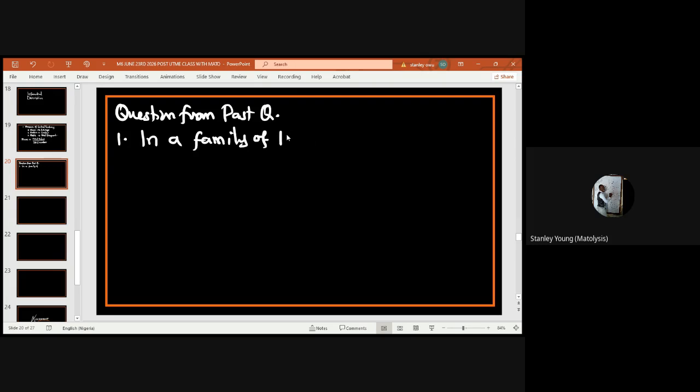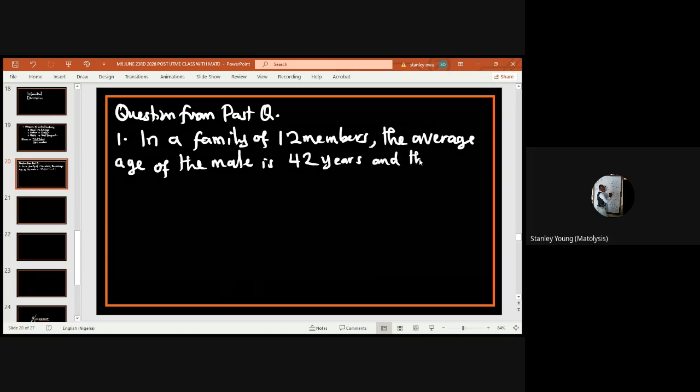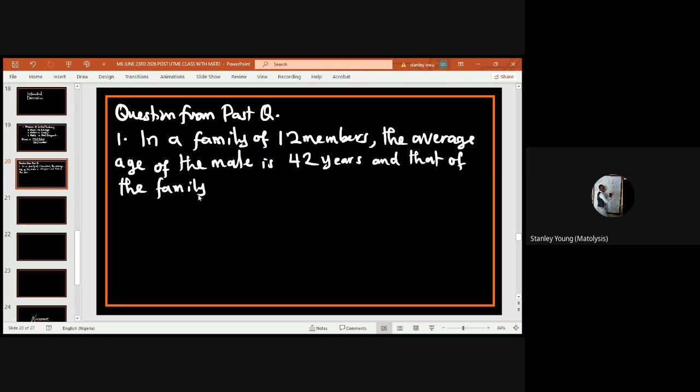There is a question that says that in a family of 12 members, the average age of the male is 42 years, and that of the female is 38 years.